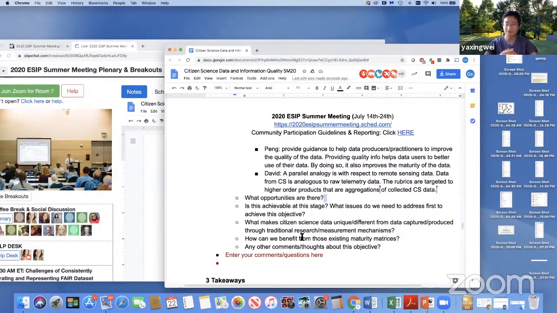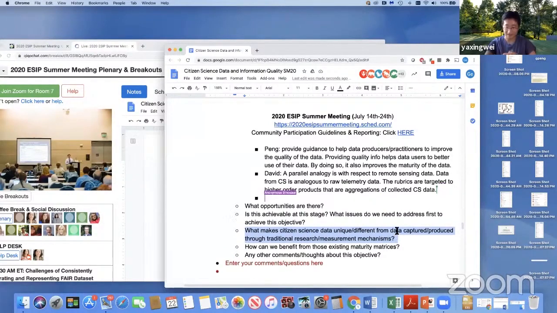From what I saw in your presentation, Earth Challenge 2020 contains one effort to combine and harmonize citizen science data from different projects into a consolidated or harmonized or fused product. I consider that to be on the level of the aggregated product that David just mentioned.